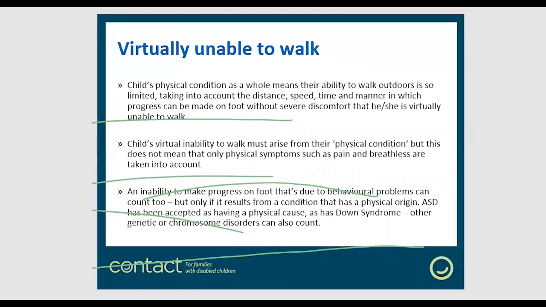Does that mean that they can't get high rate mobility? Well, it means they can't get high rate mobility on the grounds of severe mental impairment, but they might still be able to qualify on this alternative ground.